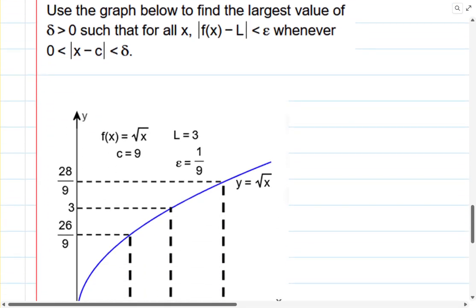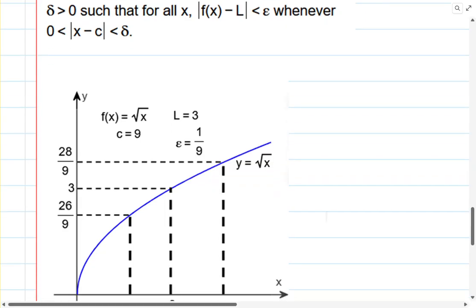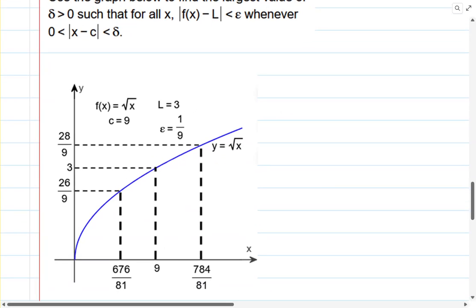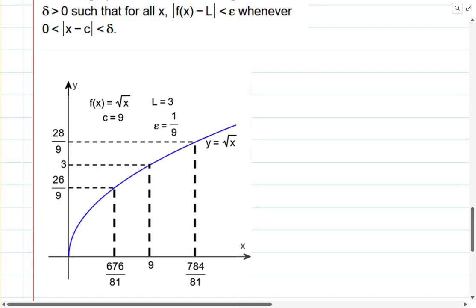All right, we have another graph. This one says we're using the graph and we want to find the largest value of delta. This one is just a little higher math, so look at the fractions.